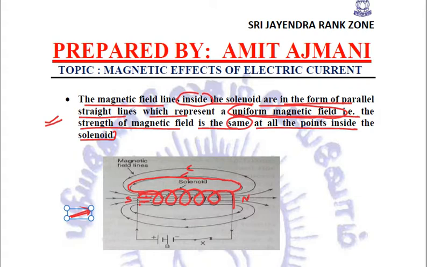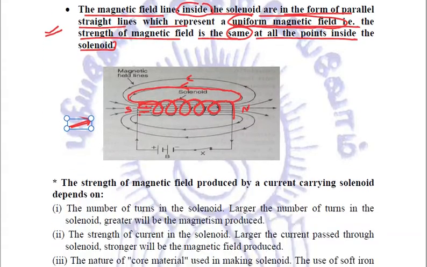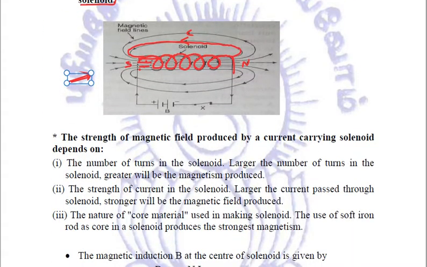Got it? This is quite an important topic you need to relate. Now, how strong will be the magnetic field produced by a current carrying solenoid depends on these three factors. What are these? Let us try to relate one by one.